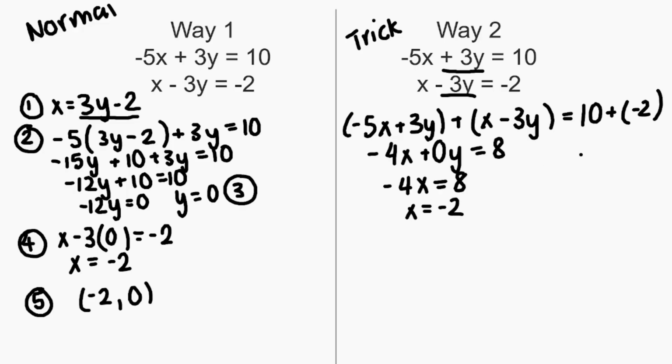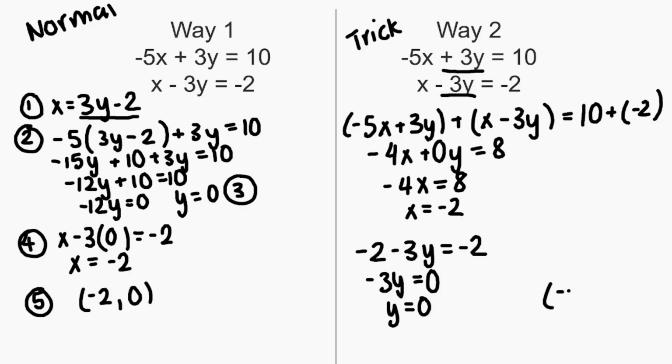So this kind of skips that substitution step and gives us the value of x a little bit quicker. And then after we have x equals negative 2, we can plug it in. So negative 2 minus 3 times y equals negative 2. Negative 3y is going to equal 0, and y is equal to 0. And we get our final answer of negative 2, 0, which is the same answer as before.